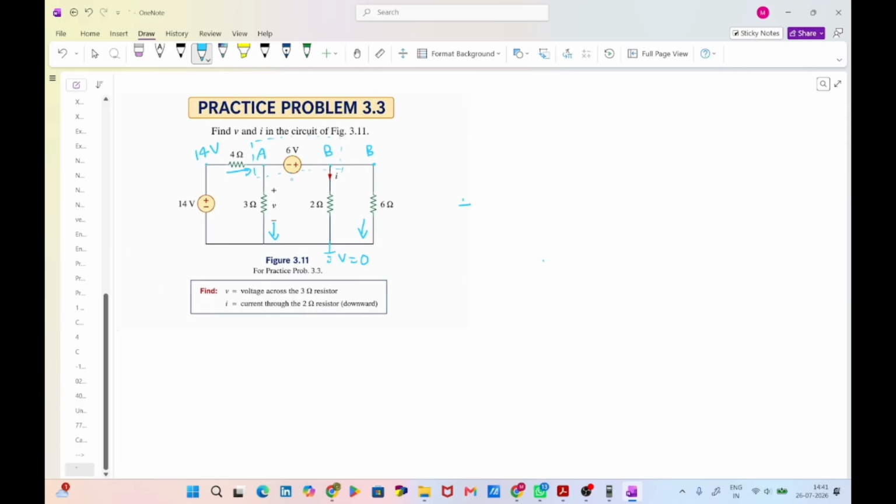I will write plus minus here, and then this one is 4 ohm. Here this is 14 volt, and here it is 3 ohm, with the current direction.